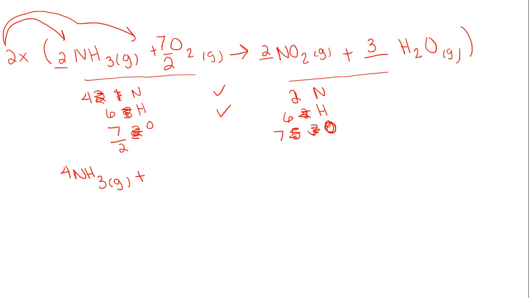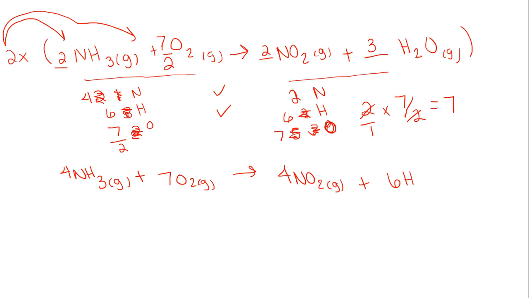Now, 7 over 2, let's go over here. 7 over 2 times 2 is really times 2 over 1. This is going to cancel out and leave a 7. So it's going to be 7 O2, 4 nitrogen, plus 6 waters.